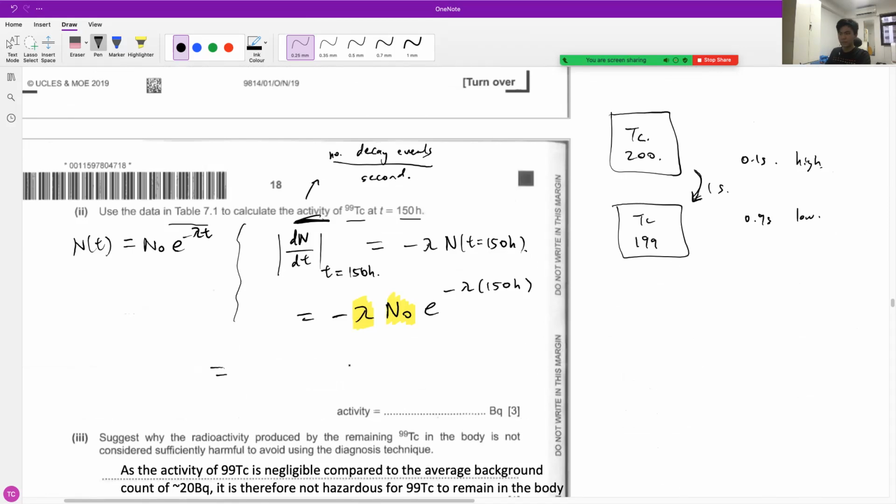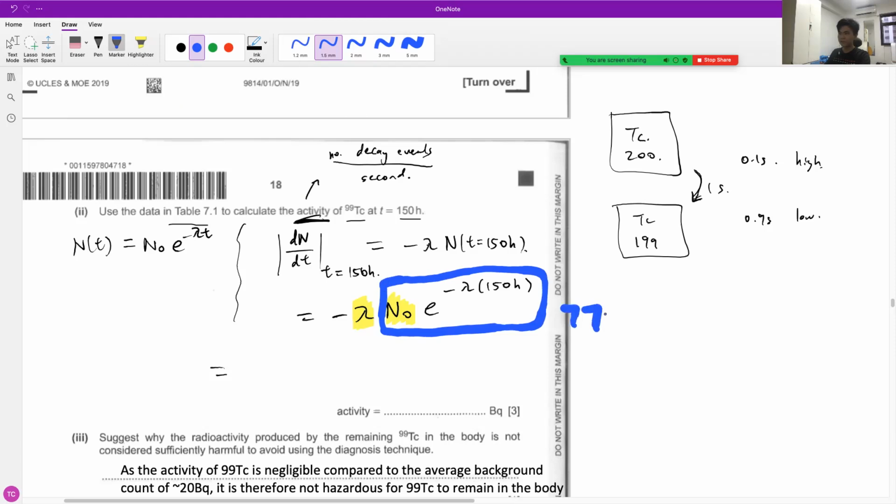Sorry, that's not what N0 is. That's what N0 times this entire exponential thing is. This entire thing is 773, because N0 is the initial number, but at 150 hours it is this amount left over.